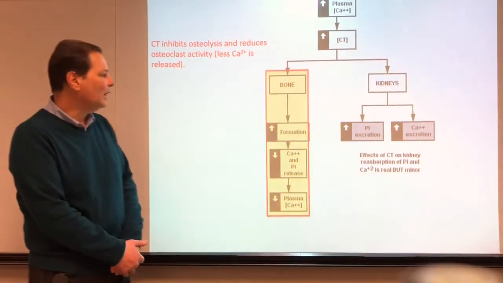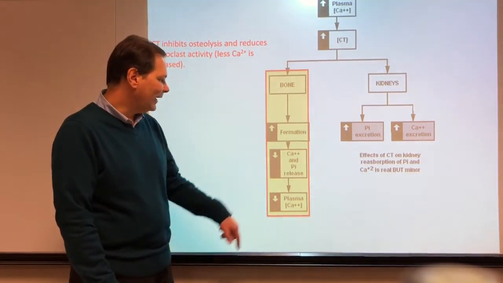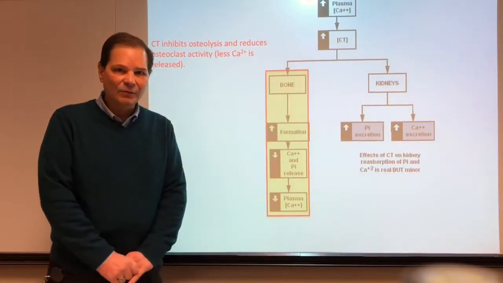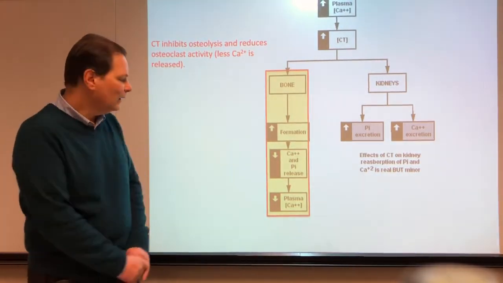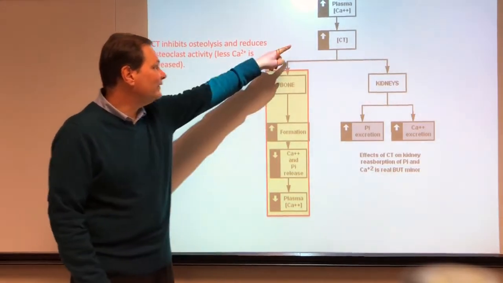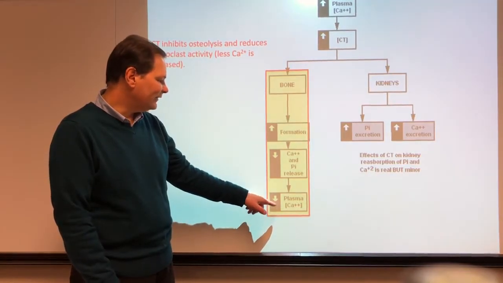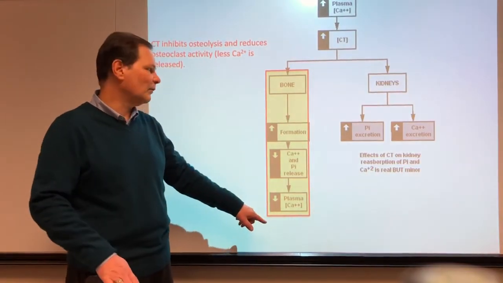This is the primary one. It increases bone formation and decreases calcium and phosphate release from bone, okay, and therefore decreases plasma calcium. Okay, so the more calcitonin you have, the more the tendency to decrease plasma calcium back toward normal.